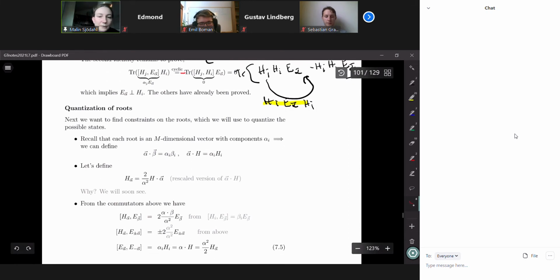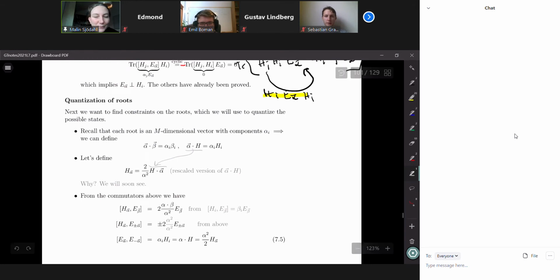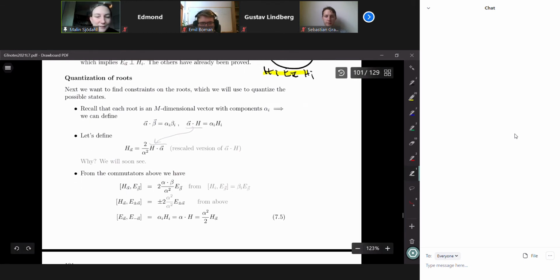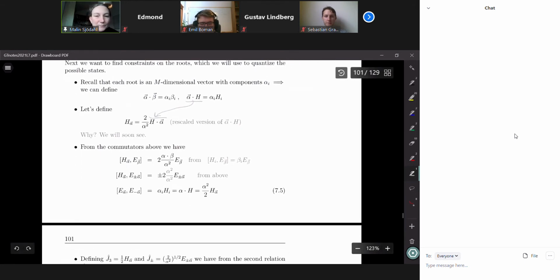Furthermore, I define some rescaled version of this guy. And why do I rescale it? Well, it's not so interesting. It's to compare to known equations.